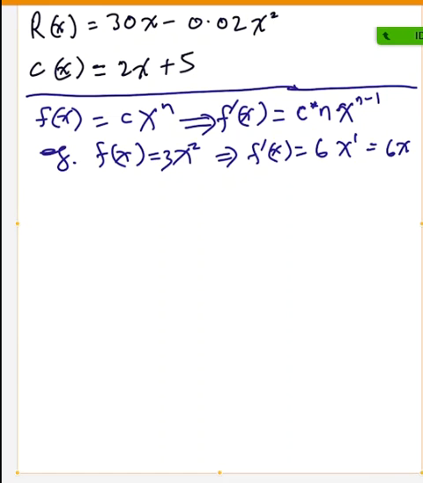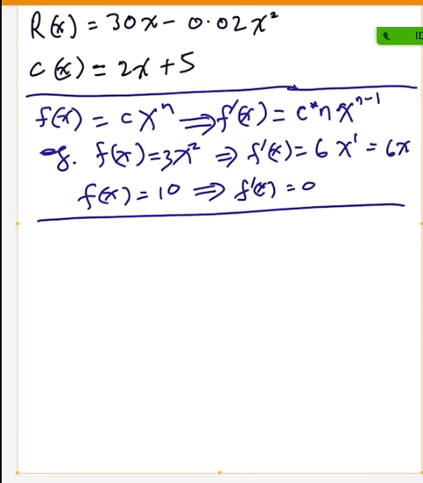If it's a constant, say f of x is equal to 10, the derivative of this is going to be equal to 0, because there's no x here. Remember, derivatives are about slopes, basically. So f prime of x will be equal to 0. That's just by the way.